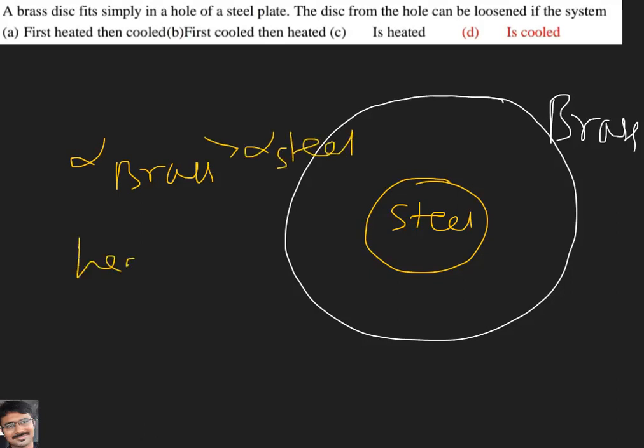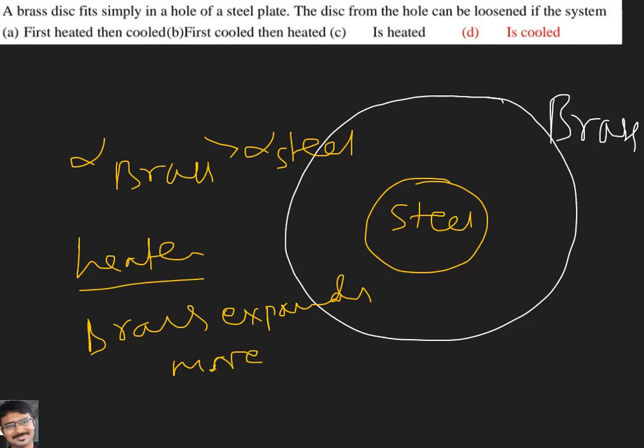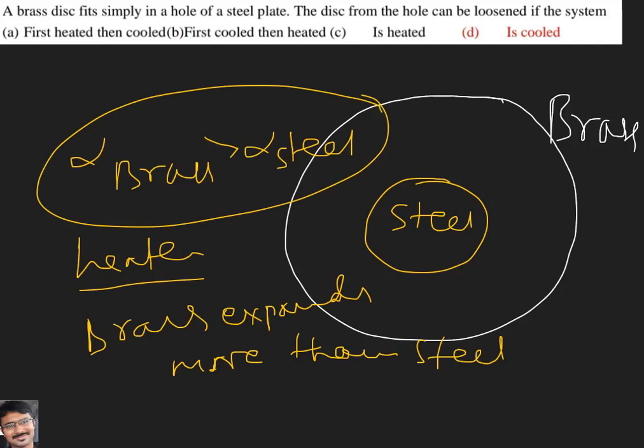If we heat, brass expands more than steel, because alpha of brass is greater than alpha of steel, and we can remove the steel easily. If it is cooled, it can't happen. Cooled means brass contracts more than steel and becomes more tight. We can't remove it.